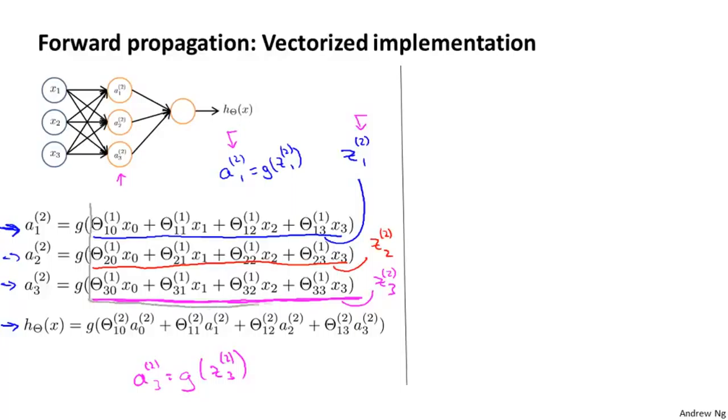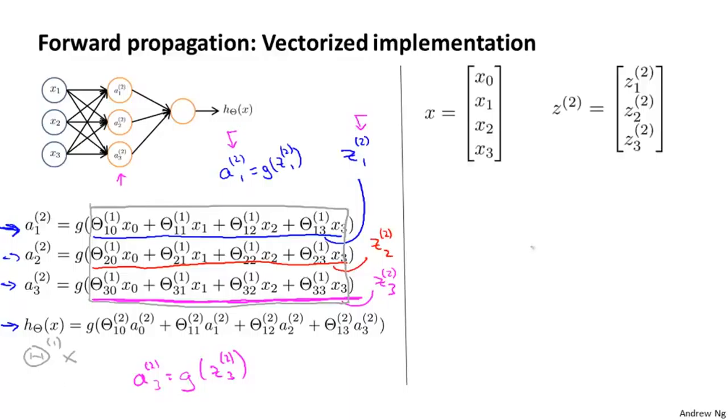Now, if you look at this block of numbers, you may notice that it corresponds suspiciously similar to a matrix-vector multiplication of the matrix theta1 times the vector x. Using this observation, we're going to be able to vectorize this computation of the neural network.